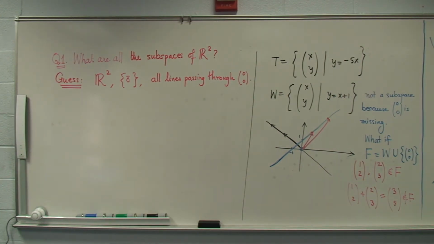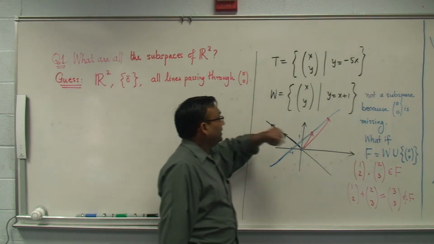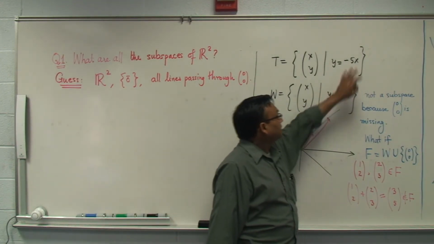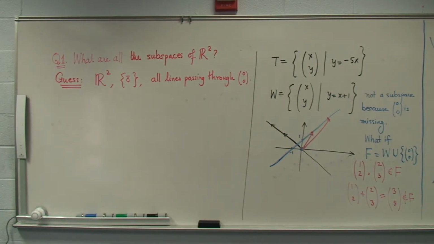Now, I haven't technically shown you that all lines passing through 0, 0 will be a subspace, but if you look through the proof I gave for y equals minus 5x, the same proof can be extended for any straight line of the form y equals mx. So you should be able to convince yourself that at least we have these as subspaces. But the question is, are these all, or are there more?